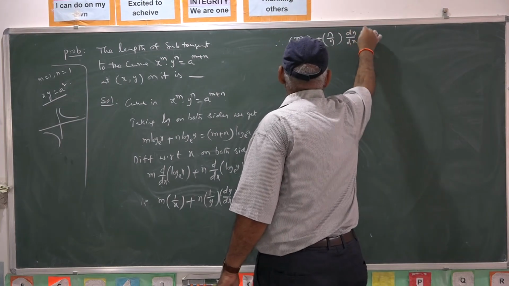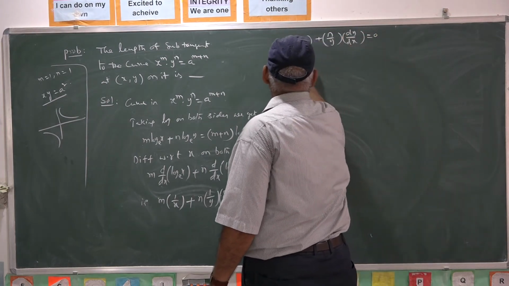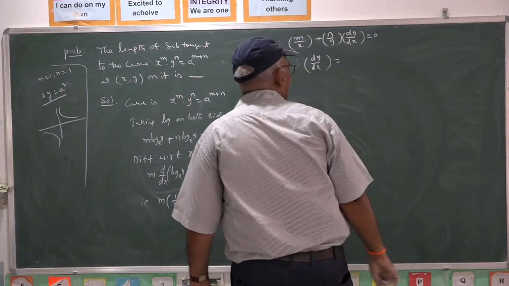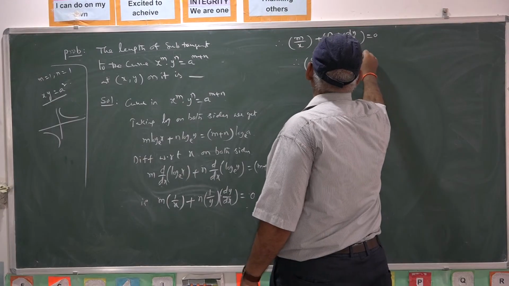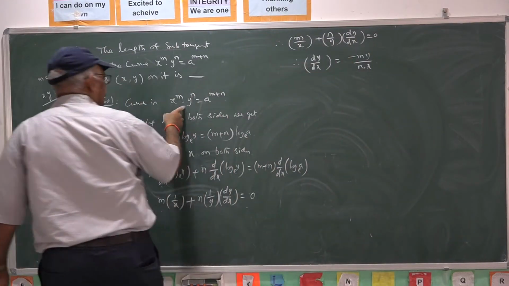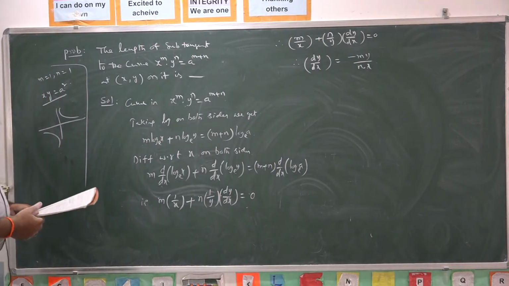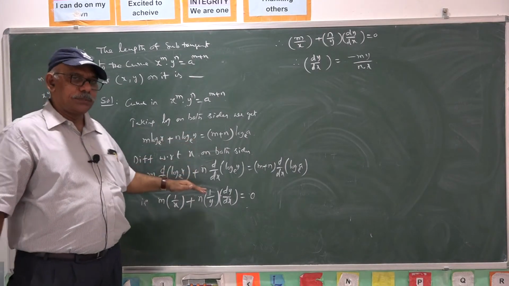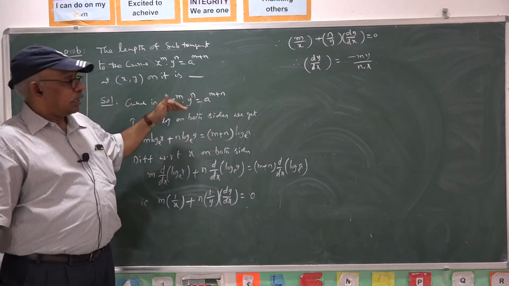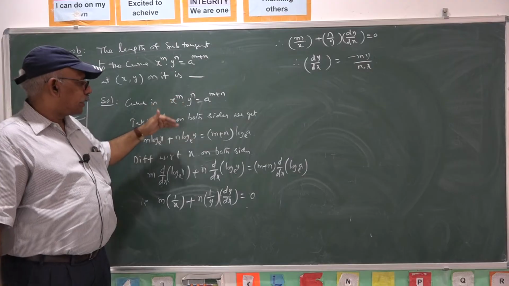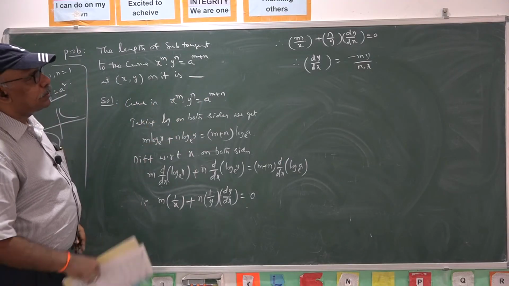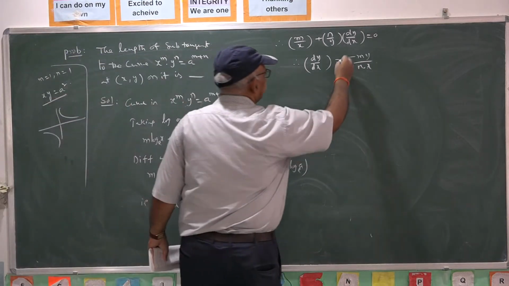Hence, dy by dx equal to minus my by nx. So for such functions, logarithmic differentiation is applicable to get dy by dx easily. Rather than going through the product rule, it is better to take logarithm in such a case to get dy by dx in an easier way.